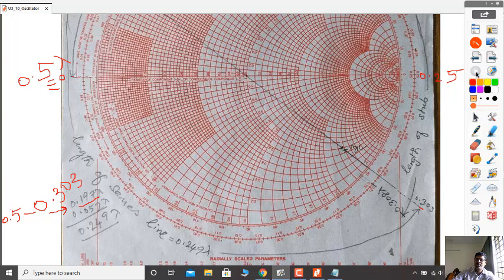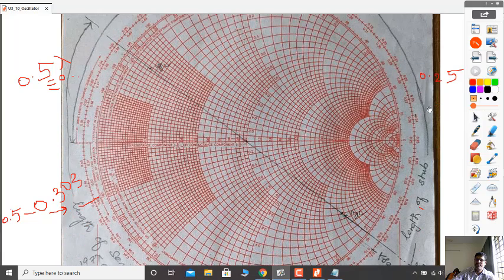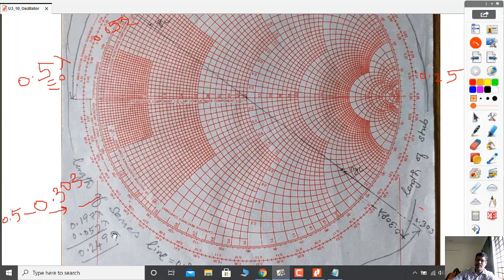Then you have to add the distance to be traveled extra to reach this point, which is located at 0.052. Therefore, the length of the line will be 0.249 lambda. So L equals 0.249 lambda.